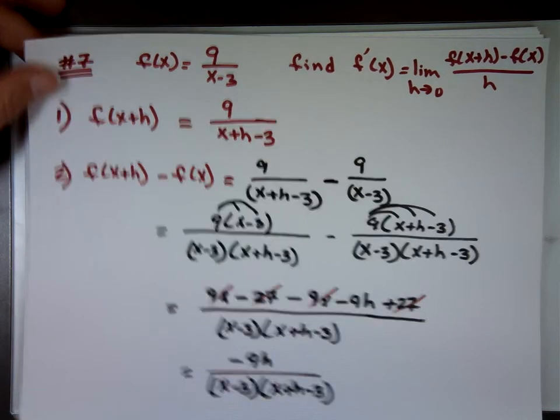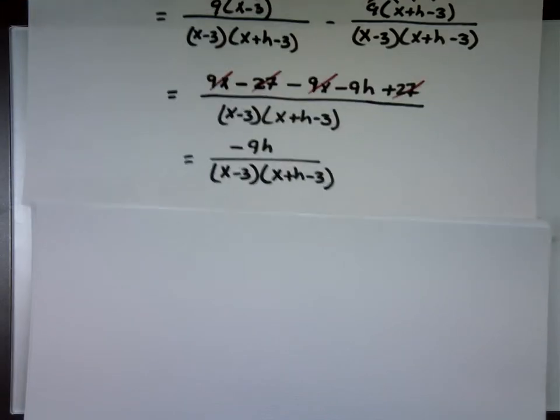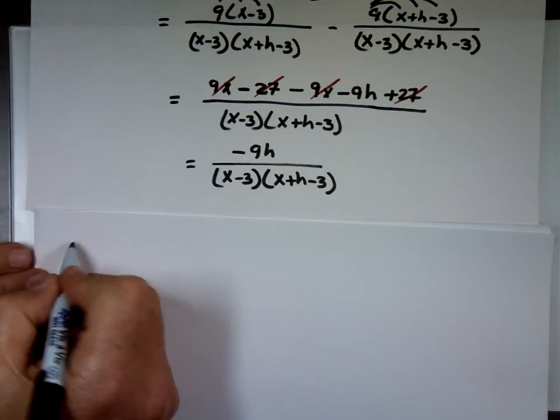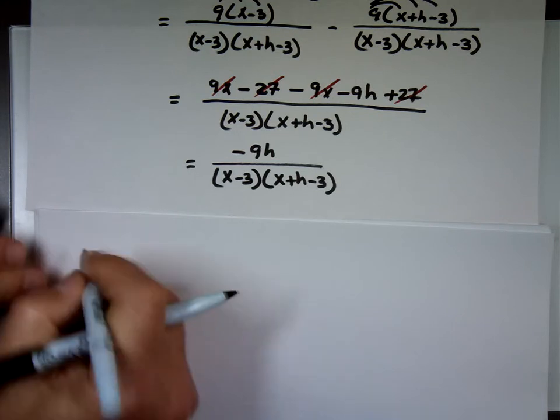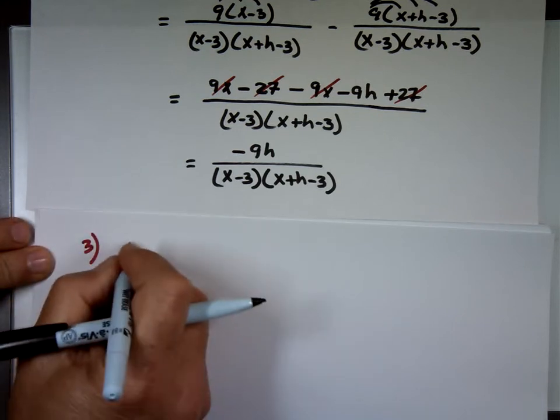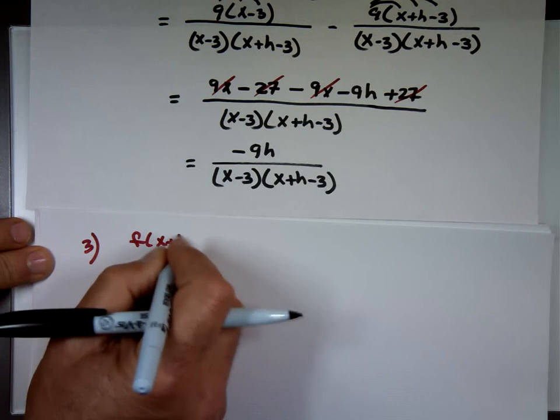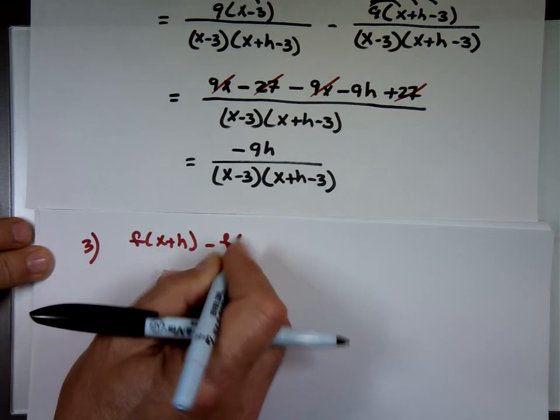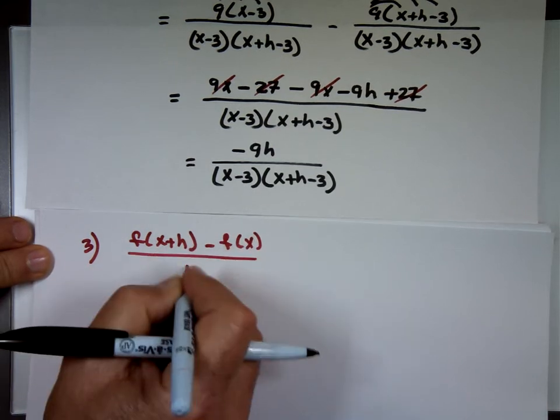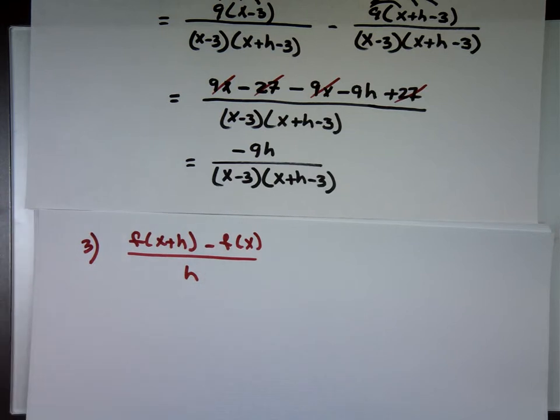We're going to do step number 3 now. Step number 3 says take f of x plus h minus f of x divided by h. Well, dividing by h is the same as multiplying by 1 over h.